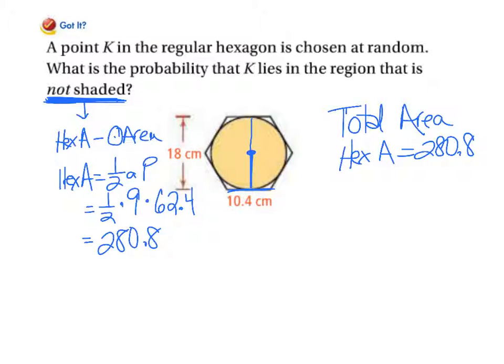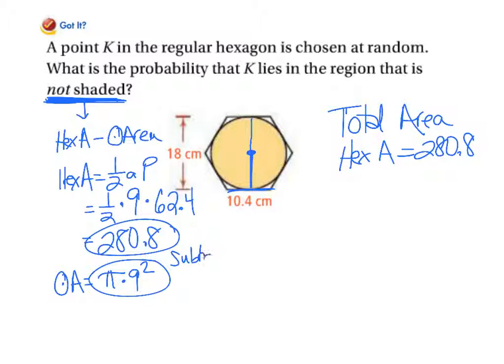Now I'm going to find the area of the circle. So this is the circle area. That's just pi r squared. And the radius is 9. We talked about that. And so then I'm going to subtract these two numbers. So 280.8 minus pi r squared, that's 81 pi.